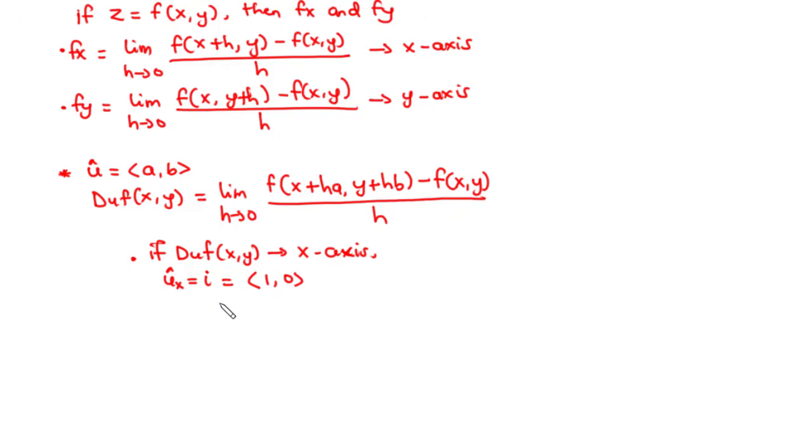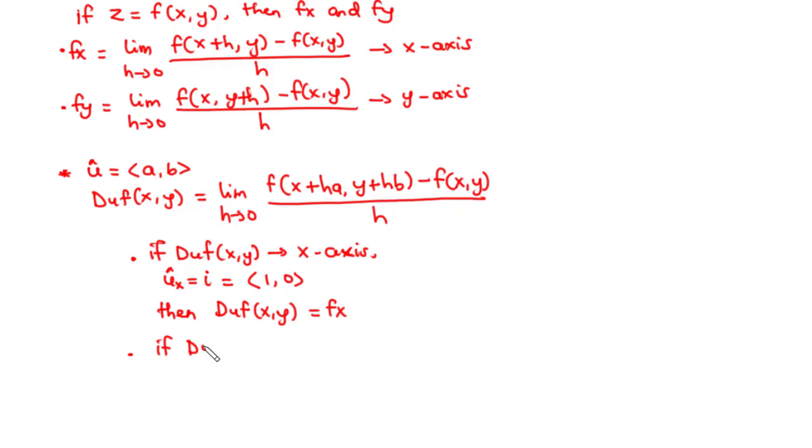If the directional derivative is directed along the x-axis, then the directional derivative of the function is equal to the partial derivative of the function with respect to x. So if we substitute 1, 0 in place of a, b in this limit, we are going to have the left hand side being equal to fx.